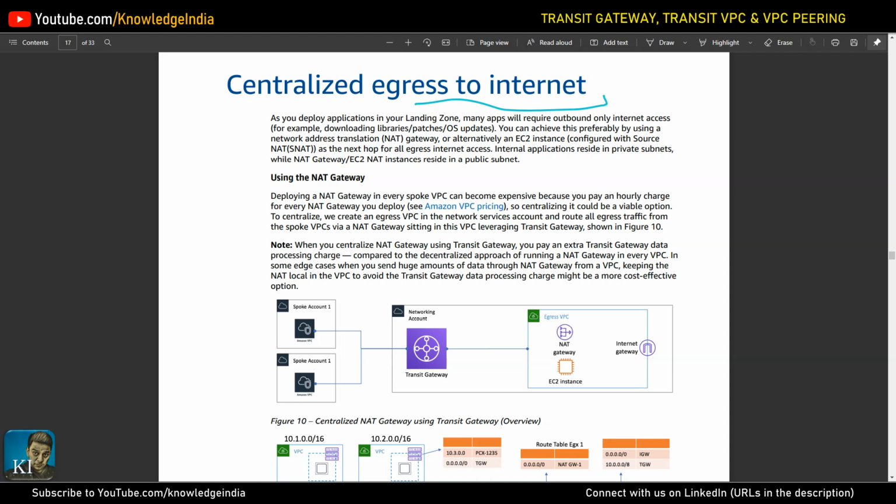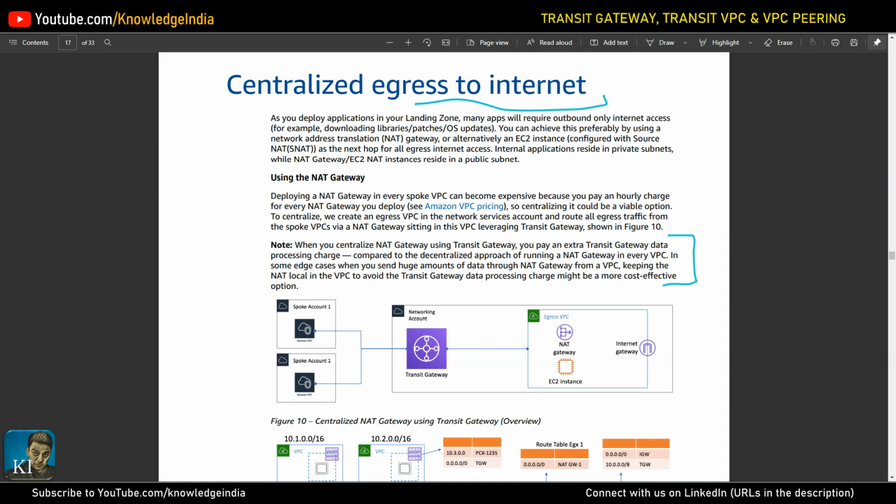Now one method is that you can go ahead and have a NAT gateway or 2 NAT gateways. Considering that it's a production environment, you can have 1 or 2 NAT gateways per VPC, right? That can cost you more because a NAT gateway has a specific charge per hour in addition to the amount of data which it processes, right? So there are 2 components in NAT gateway pricing.